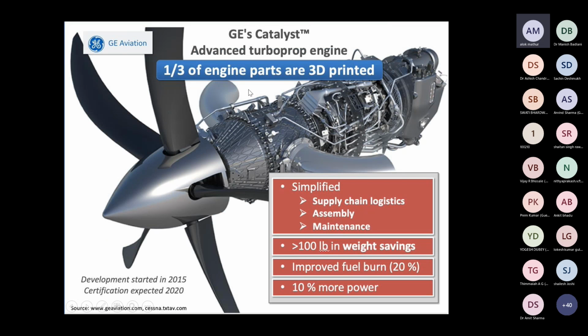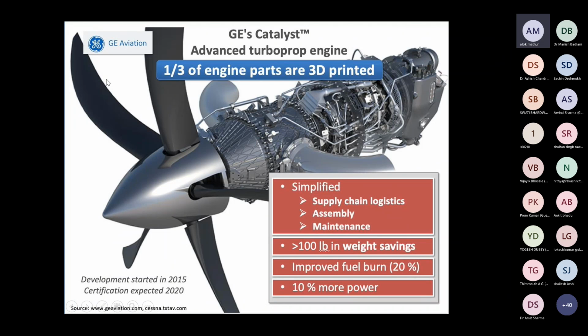Friends, you can see here, this is developed by GE, advanced turboprop engine. And this engine is not fully 3D printed, but 1/3 of components of this aircraft engine are 3D printed, produced by 3D printing.